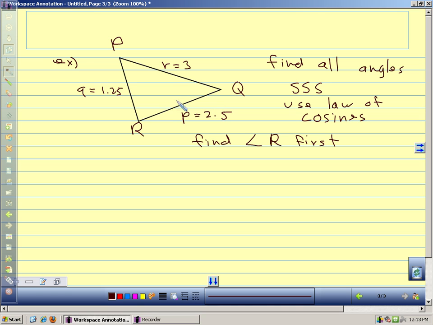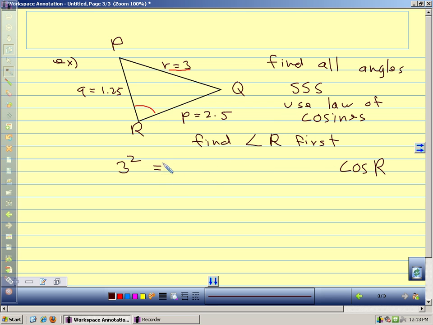So I'm going to plug into my equation for law of cosines. I'm looking for angle R, and this is my side R. So I know that side R is going to be on one side of the equation, and the cosine of my angle is going to be on the other side of the equation. So I'm going to write that this side squared equals, and I know that cosine of R is going to be over here at the end. And everything else over here is going to be my other two sides.